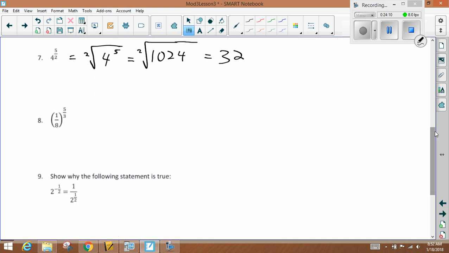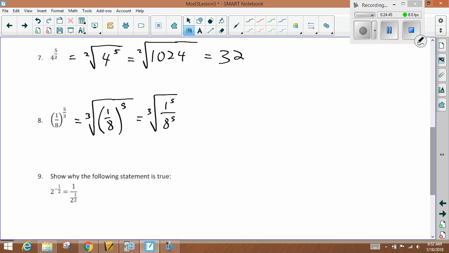All right, moving on. This looks like the cube root of 1/8 to the 5th power. Which then is the cube root of 1 to the 5th over 8 to the 5th, right?